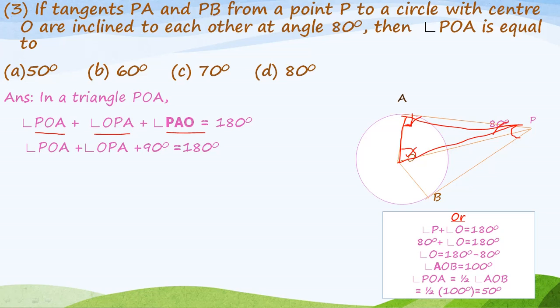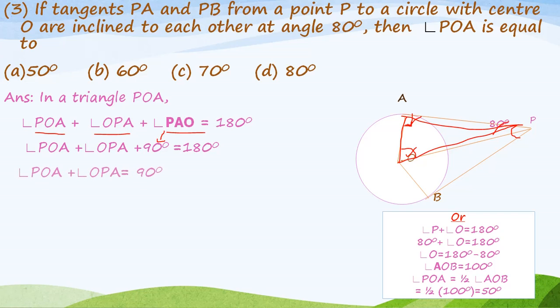Therefore, PAO is equal to 90 degrees. Substitute the value of PAO as 90 degrees in the equation. We get POA plus OPA plus PAO is equal to 180 degrees.